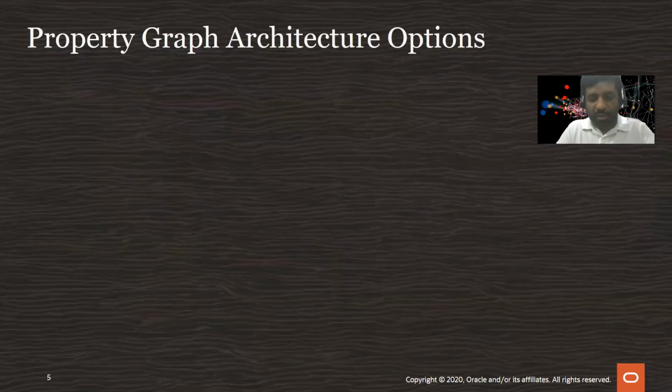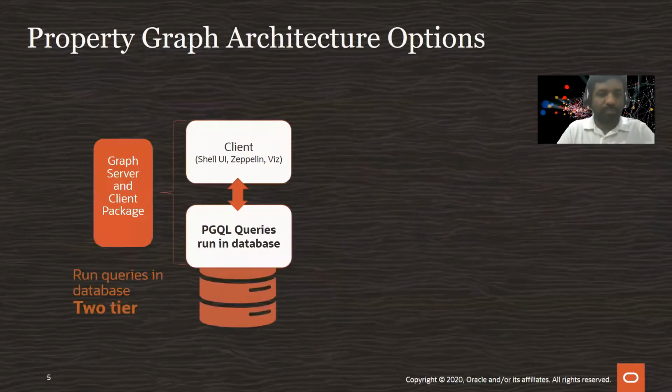We look into the architecture options in more detail now. One option is the two-tier approach, wherein the queries are run within the database, and then you use a client to load the data from the database into the graph set.